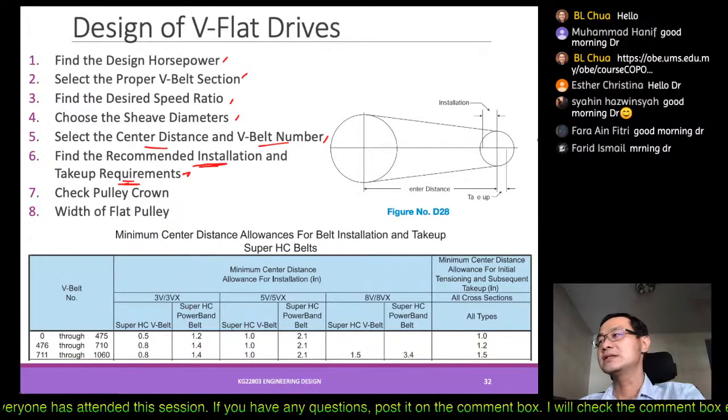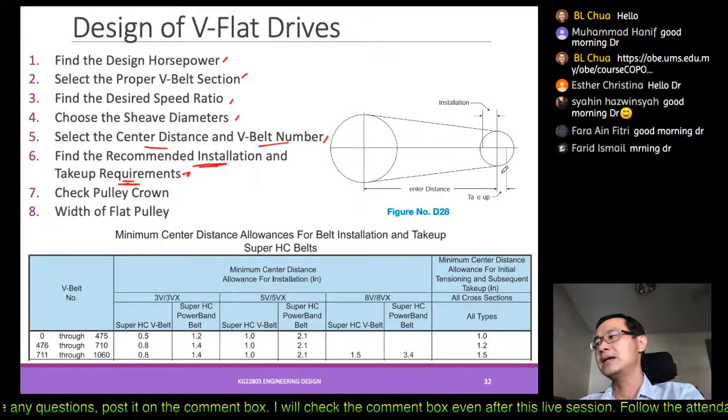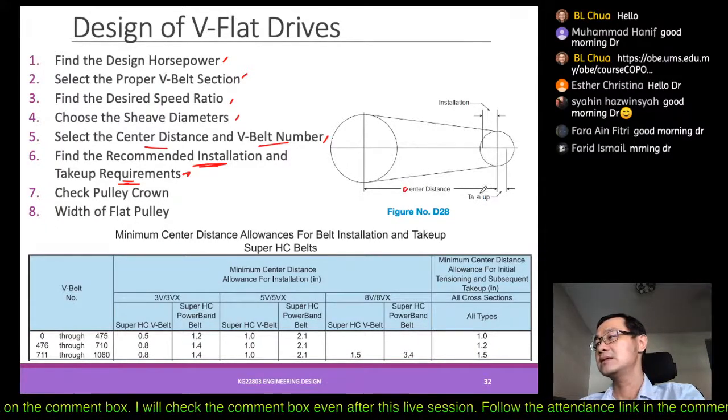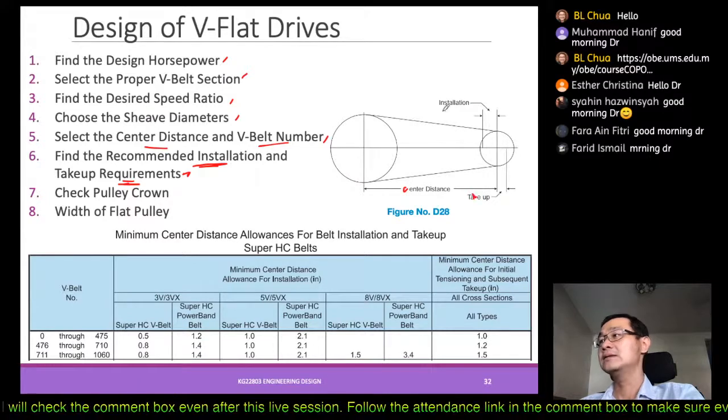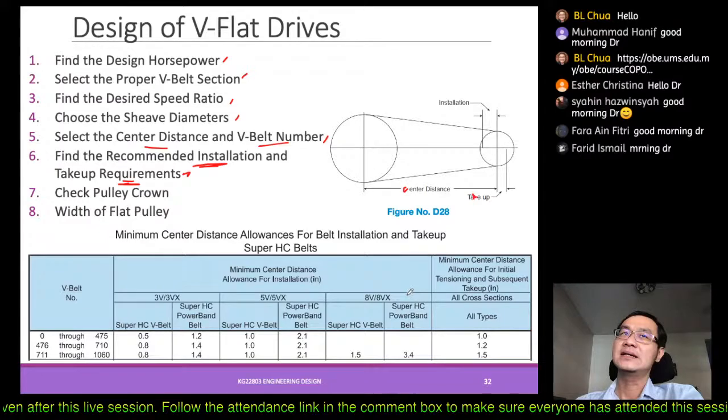For example, what is the installation length, the take up length, the center distance. It will be given by the manufacturer catalog, right?